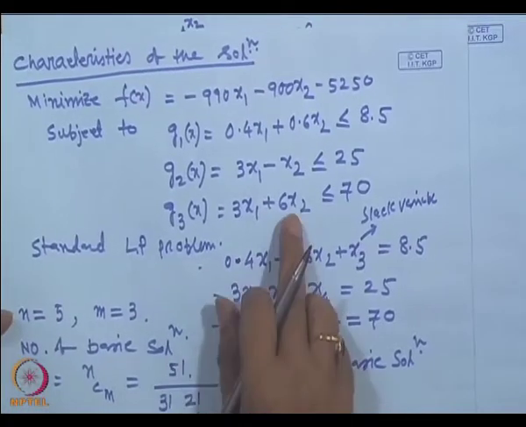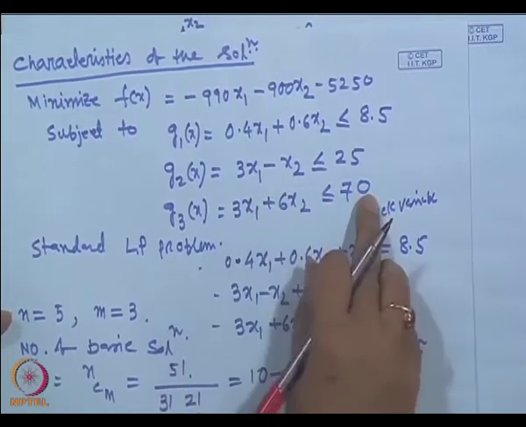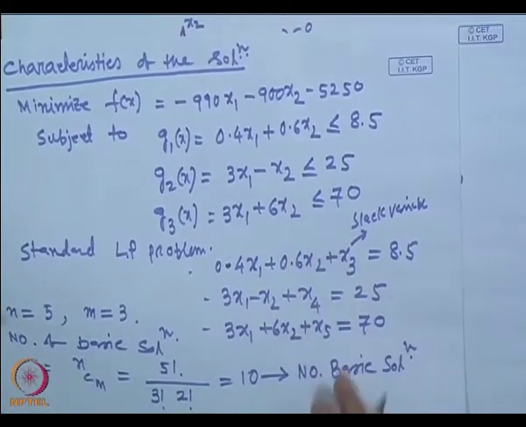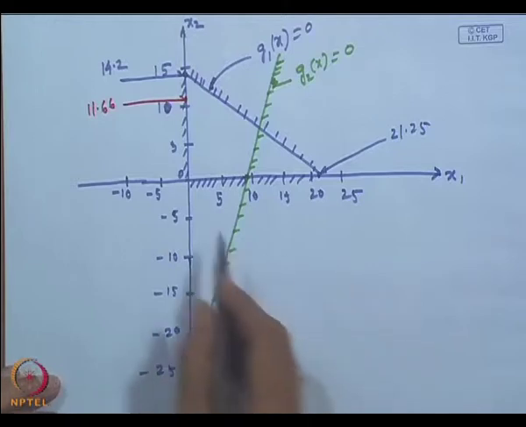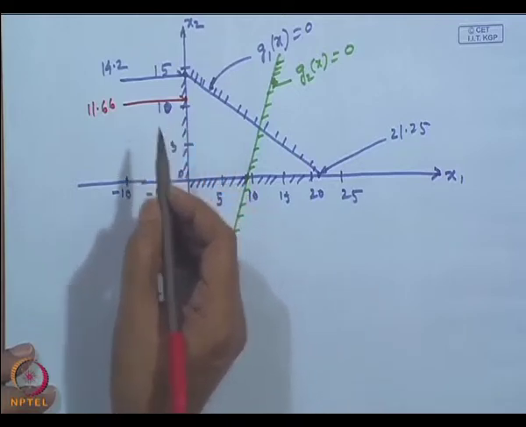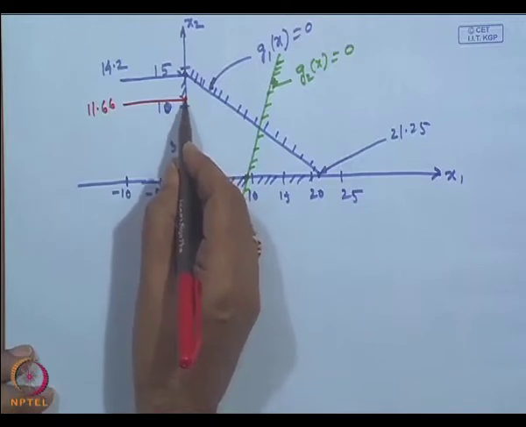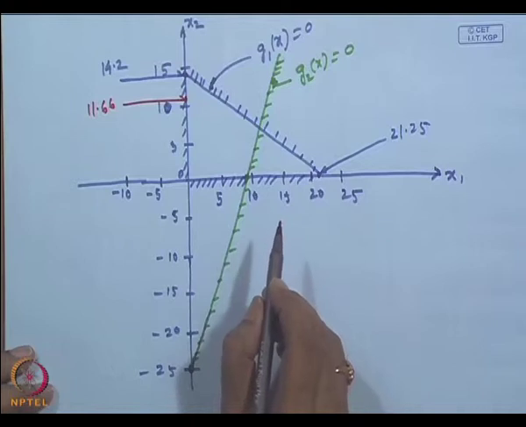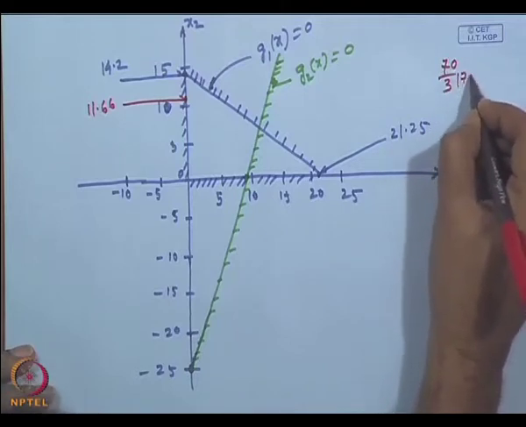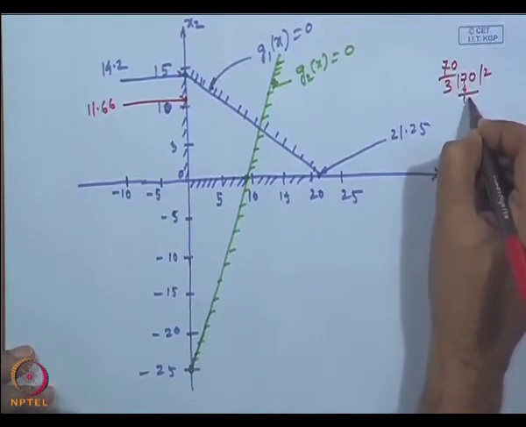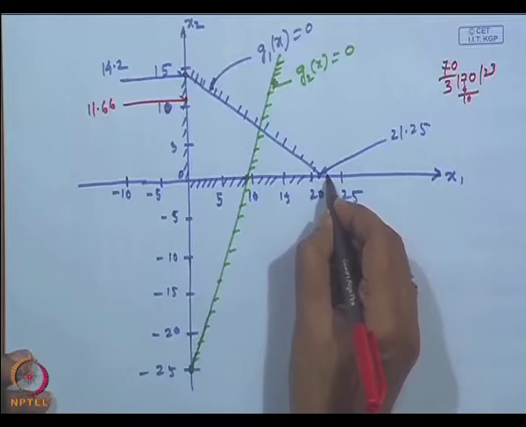When x 2 is 0, it is 70 divided by 3, which is about 23.33, somewhere here.